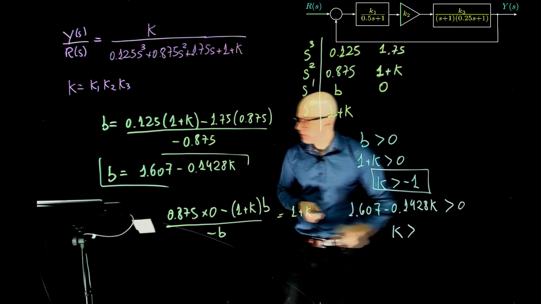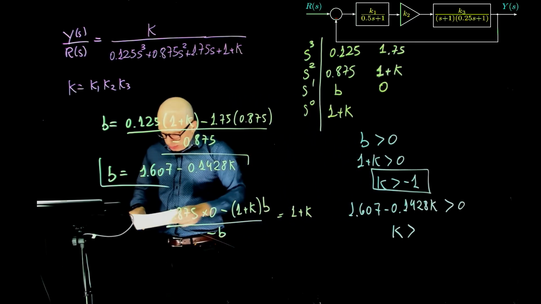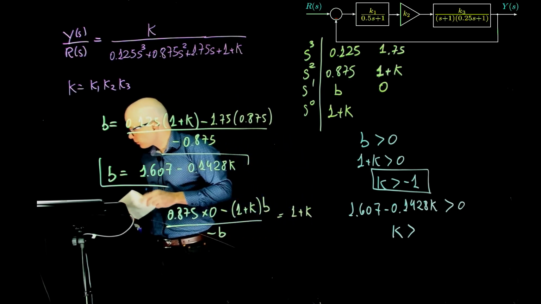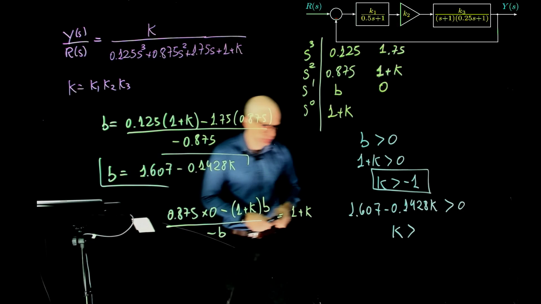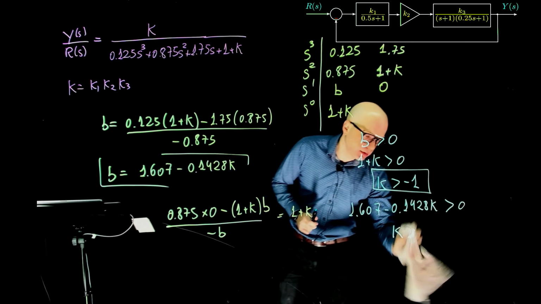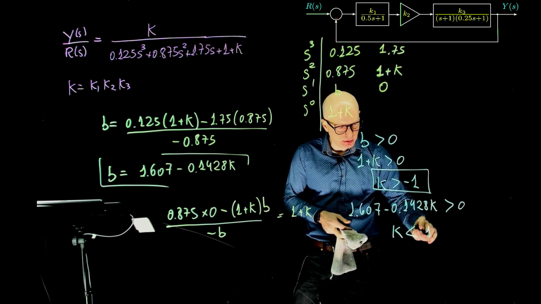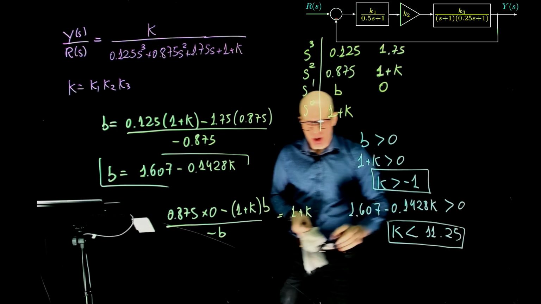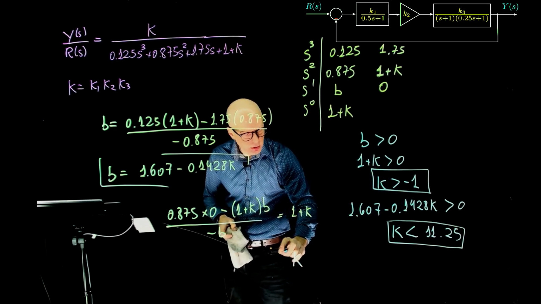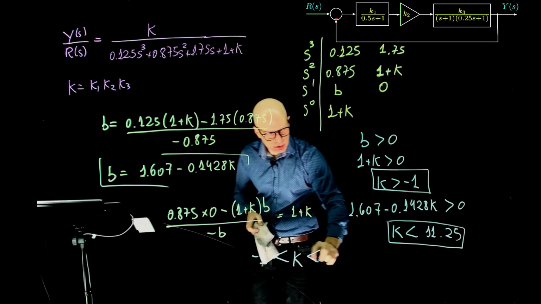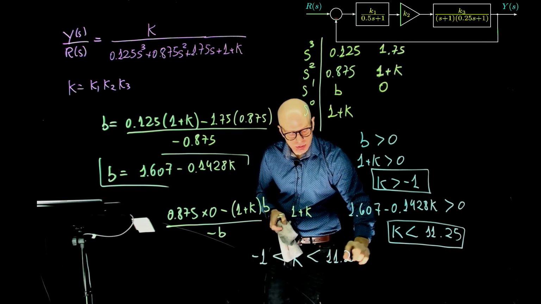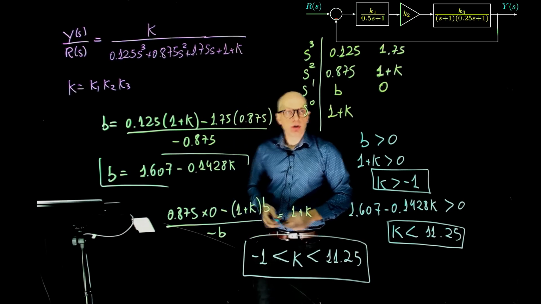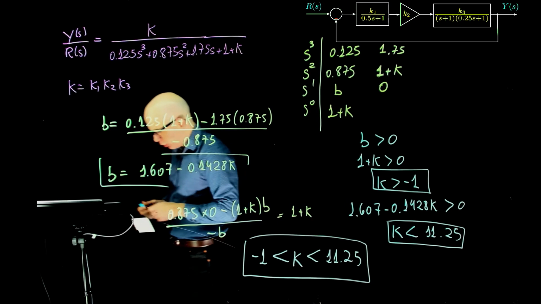So to satisfy that, K must be smaller than 11.25. So what is the range of K for stability? K needs to be greater than negative 1, but smaller than 11.25. If this is the range of K, then the system is closed loop stable.